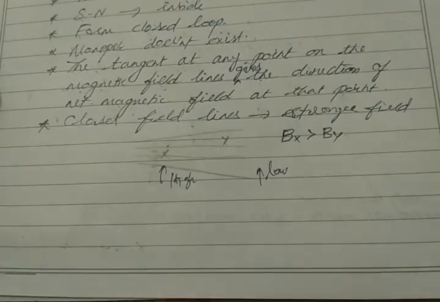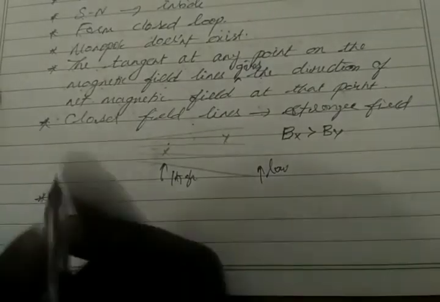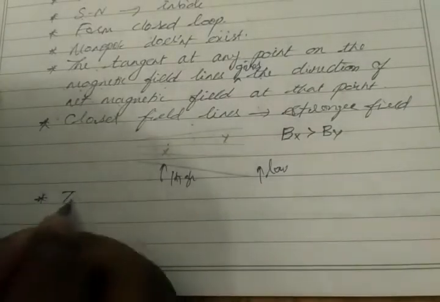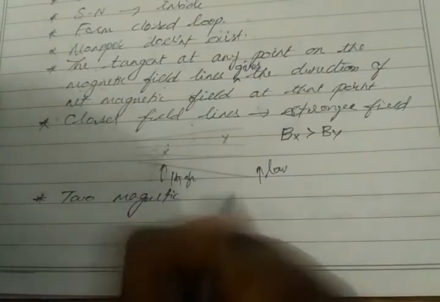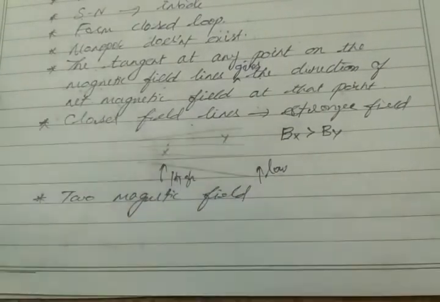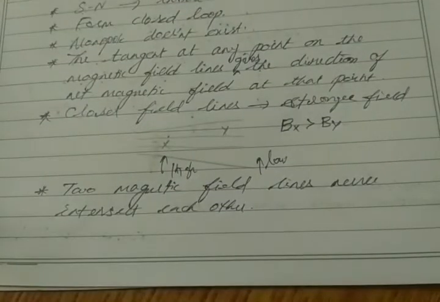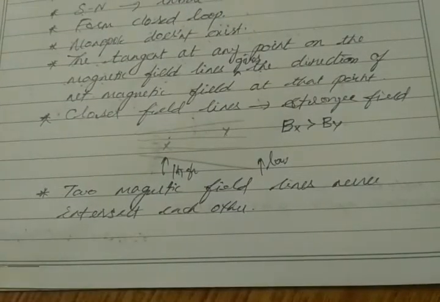And the next one: two magnetic field lines never intersect each other. Why? Because at the point of intersection, there will be two tangents which show two directions of the magnetic field, which is impossible. We know the reason already, right?